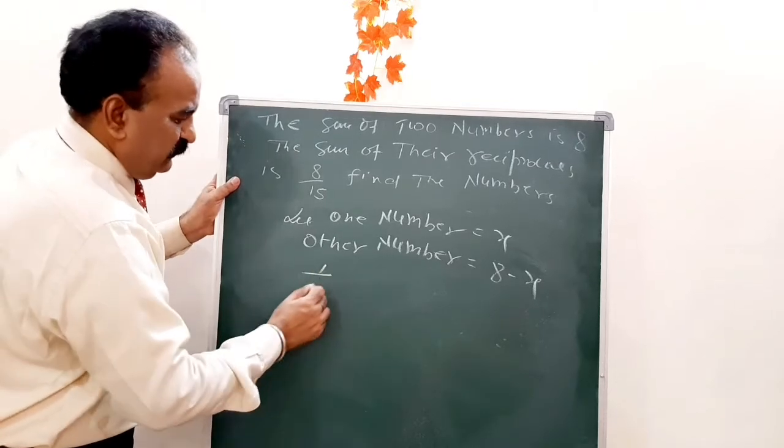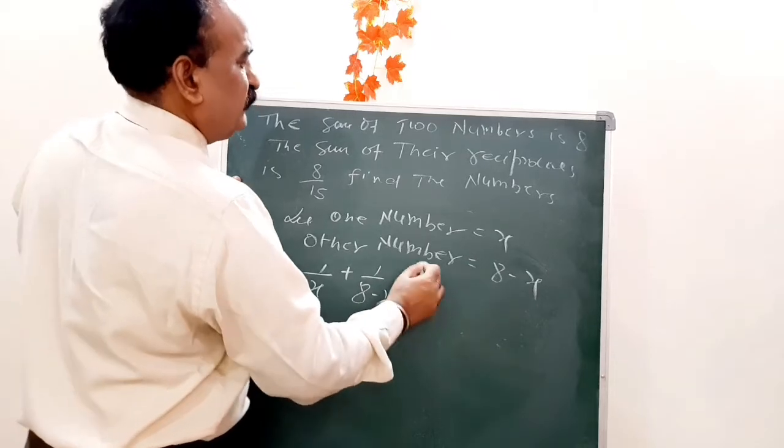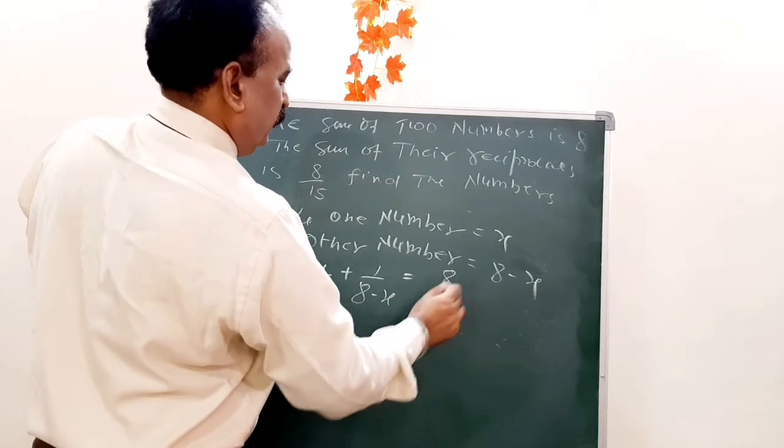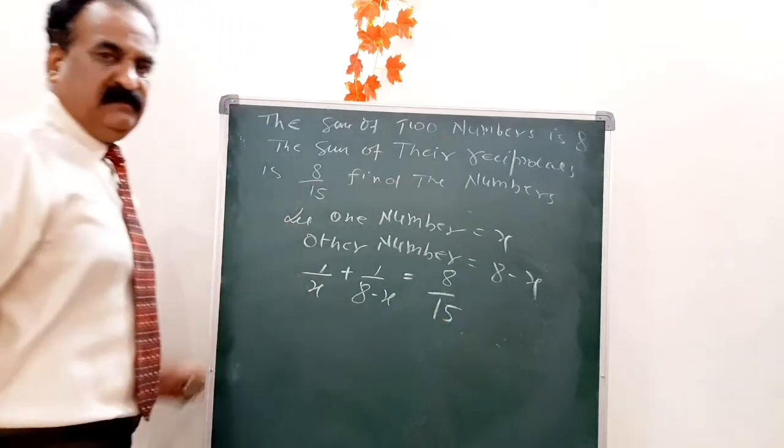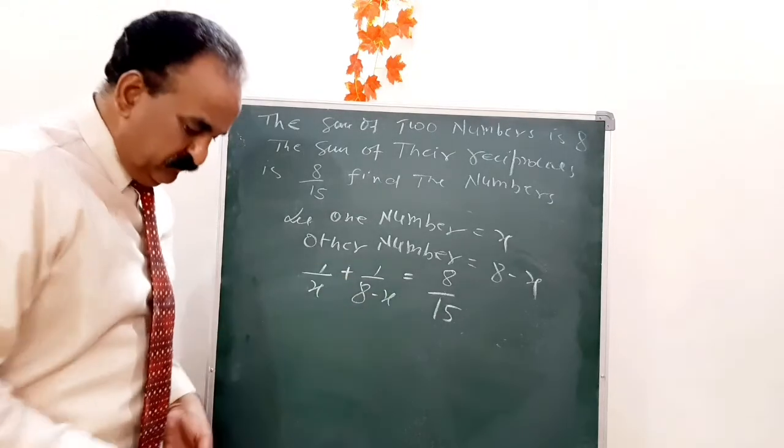So 1 upon x plus 1 upon 8 minus x is equal to 8 upon 15.